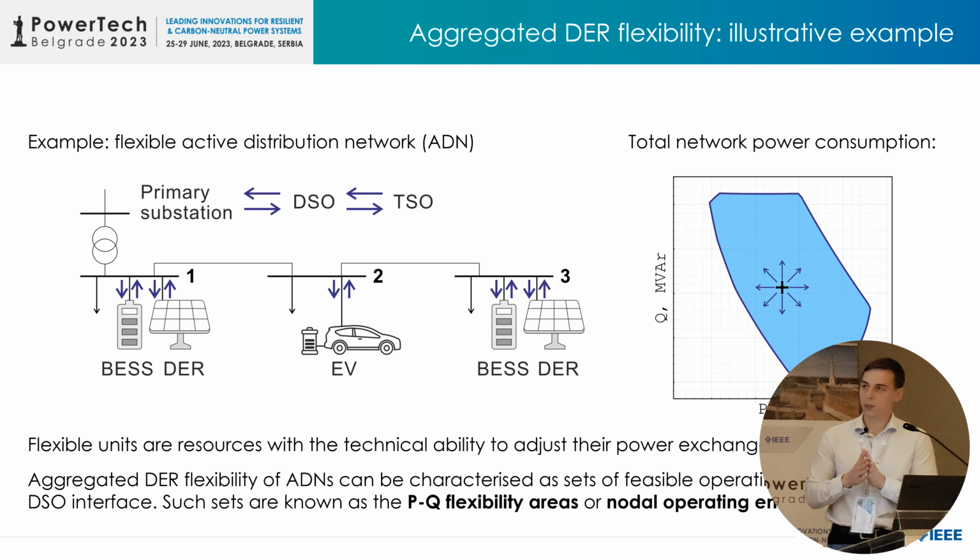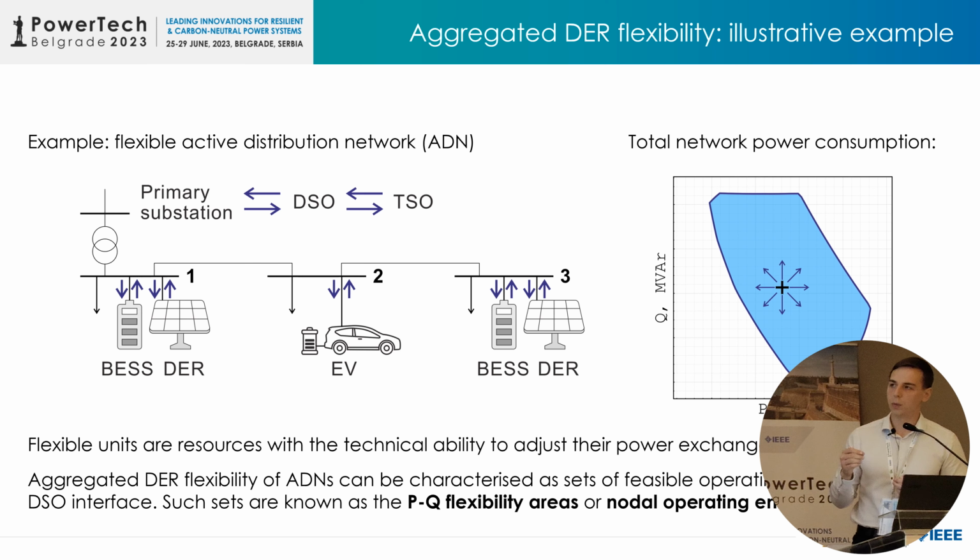Now we have this flexible network, and we can use this flexibility within the network, or we can aggregate it from multiple resources to use for flexibility services, or even to provide flexibility services between distribution system operator and transmission system operator. And the question is how to characterize this aggregated flexibility. How can we arrange these TSO, DSO flexibility markets?